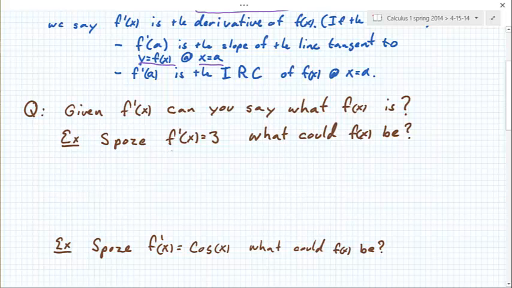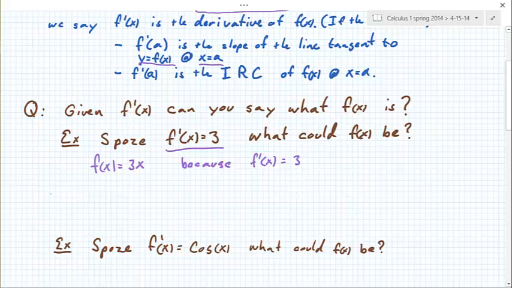So, for example, if you know that f prime of x is equal to 3, what could f of x be? Well, I'm sure you're screaming at your computer right now saying, John, f of x could be equal to 3x, because if I take the derivative of this function, f prime of x is equal to 3.